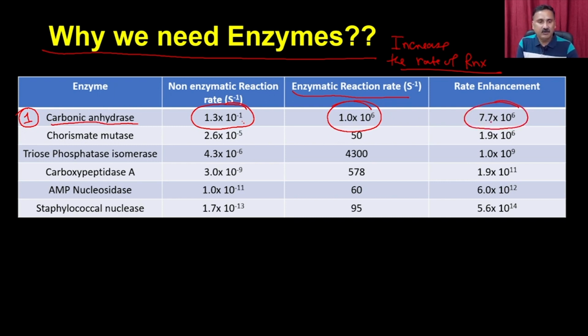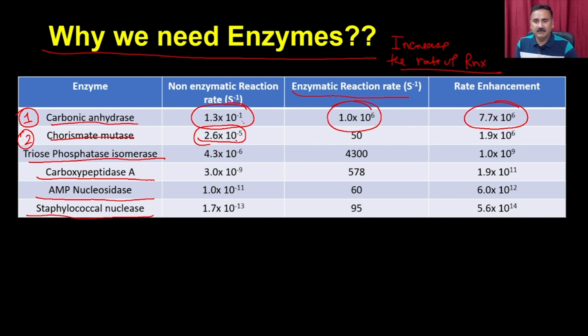The same is true for other enzymes like chorismate mutase, triphosphate isomerase, carboxypeptidase, AMP nucleosidase and Staphylococcus nuclease. In the absence of enzyme, in the non-enzymatic reactions, the reaction rates are very low, which means these reactions are very hard to perform; in 10 to the power minus 5 seconds, there will be one reaction.